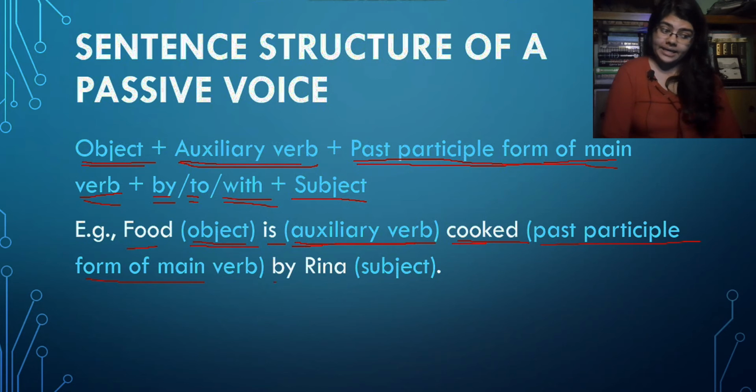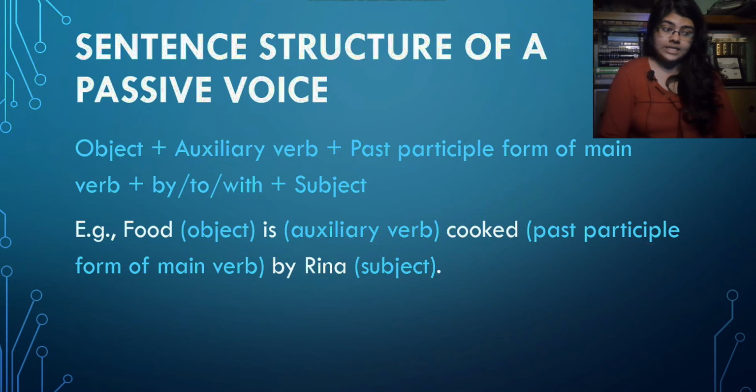We wrote by here, then the subject, which is Reena. The by or to or with, we will use that based on the criteria of a sentence. In this sentence, by will be the correct one. So, we used by Reena. This is the sentence structure of a passive voice. Alright.